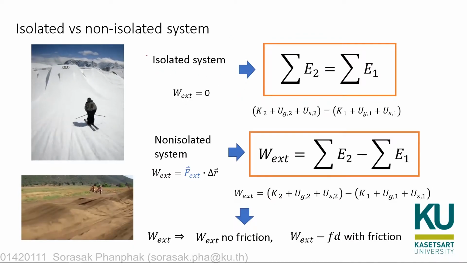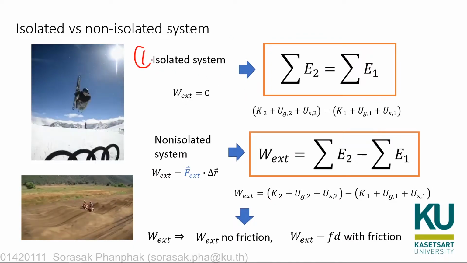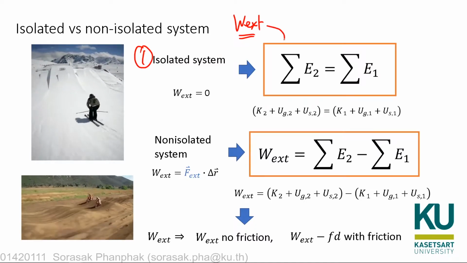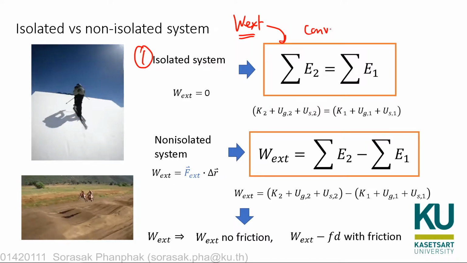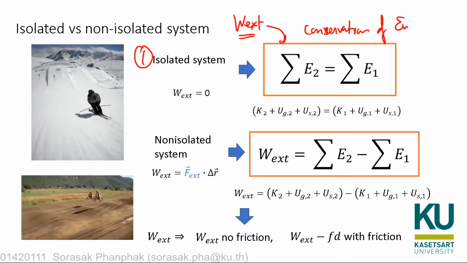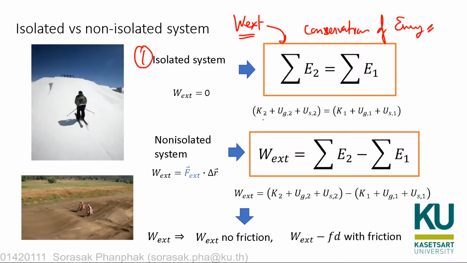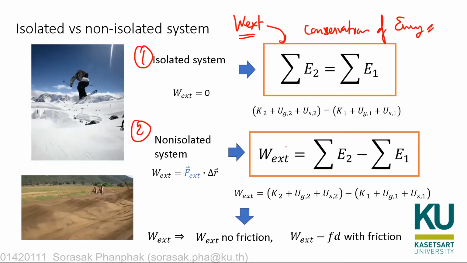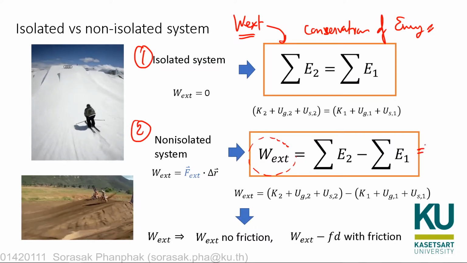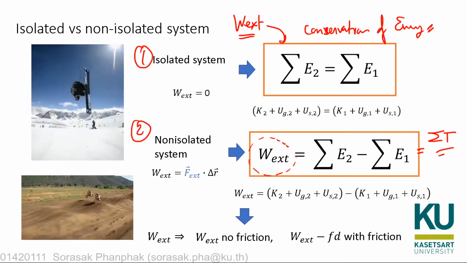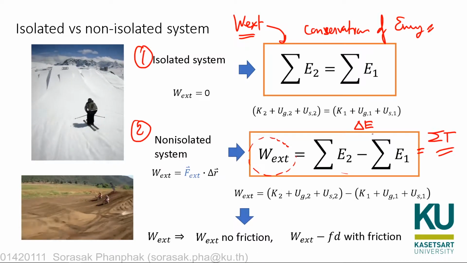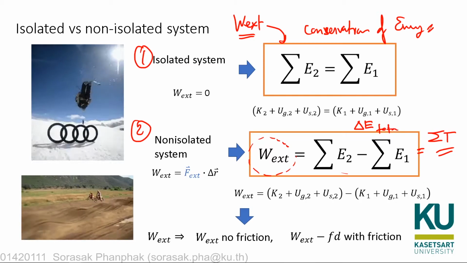If the system is an isolated system, there's no external work involved, and you still use the conservation of energy, right? If it's non-isolated, you have to determine the external work, which is the total energy transfer linked to the change of the total mechanical energy.